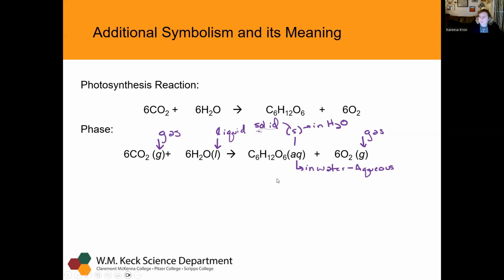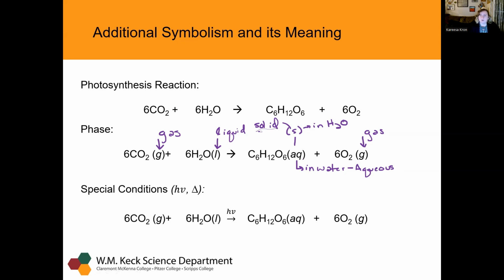And in addition, if you need something extra to help you do your reaction, you can also include it above the arrow as an annotation. So hopefully, if you've taken bio before, you know that in order to do photosynthesis, you need sunlight.